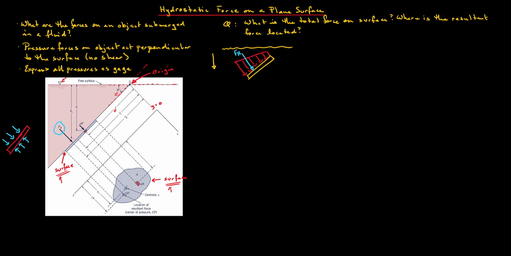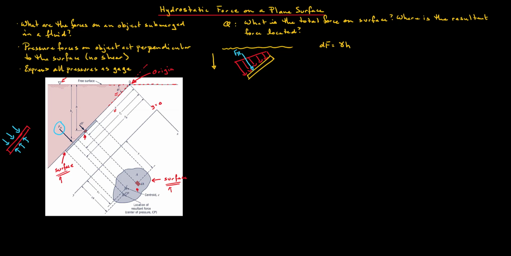Okay, so what we do is that we consider a differential area on the solid surface. This differential area is shown over here and over here. At any depth h, this differential area will have a force acting on it of dF, which will be equal to gamma h. So recall that rho g and z, here we're using h as the depth of the fluid.